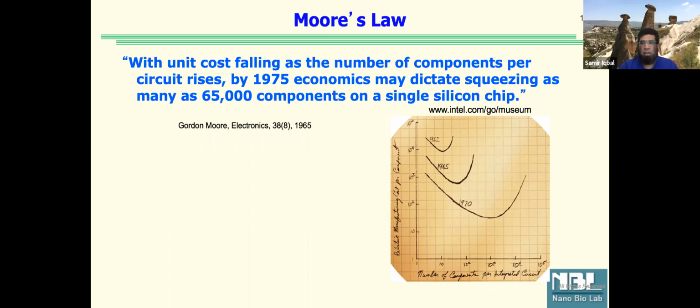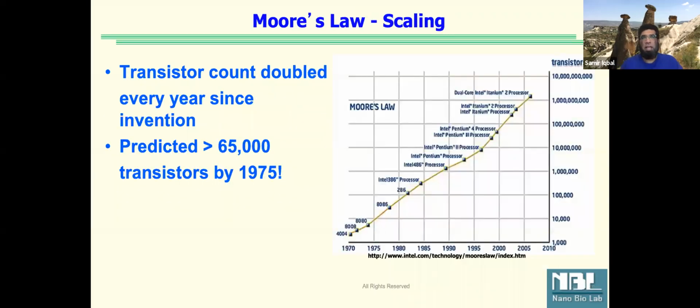He was just talking about 10 years in 65, but somehow we picked up these numbers and said, okay, in 10 years from that time, 65,000 components, which meant the number of components would be doubling every 18 months. So this is what it became.